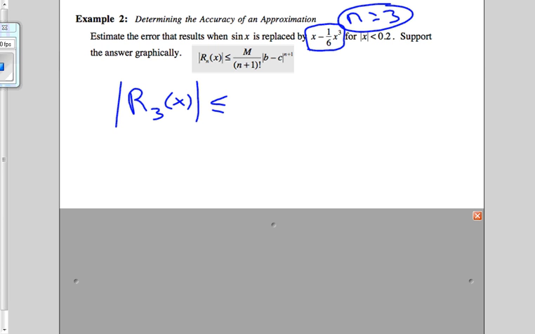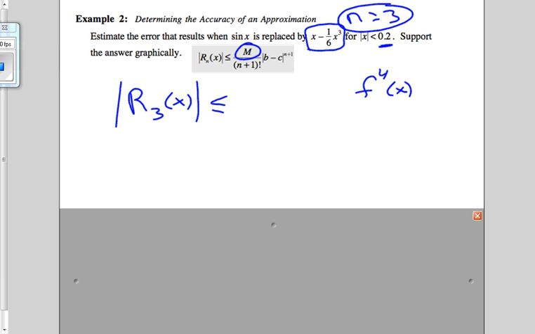So using the error for n equals 3, it is going to be less than or equal to, well, we need to find our M value. Our M value is the maximum that our fourth derivative can be for x being between negative 0.2 and 0.2.